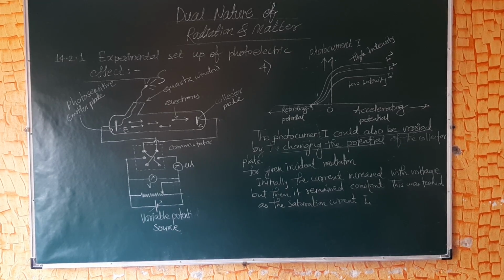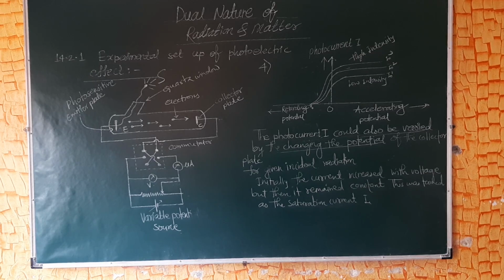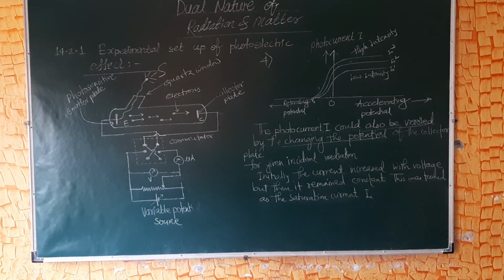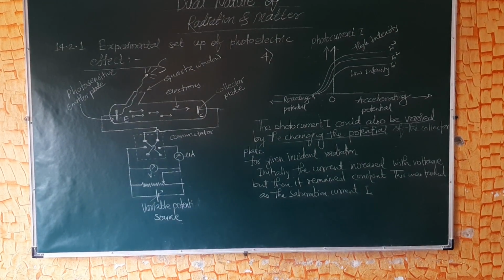So if the intensity was doubled, the saturation current was also doubled. This is the fifth observation.